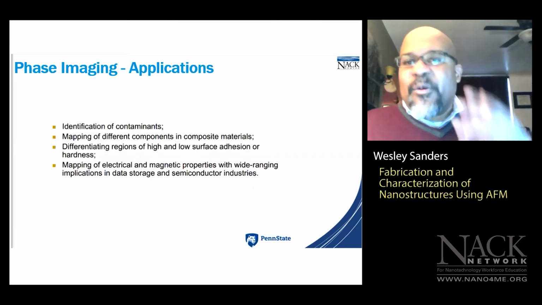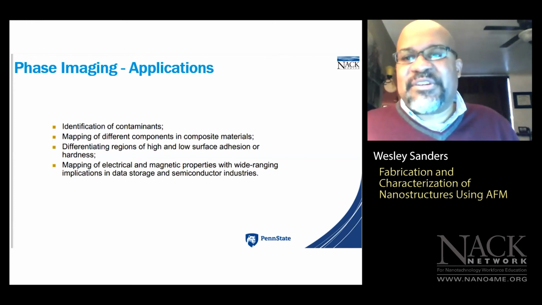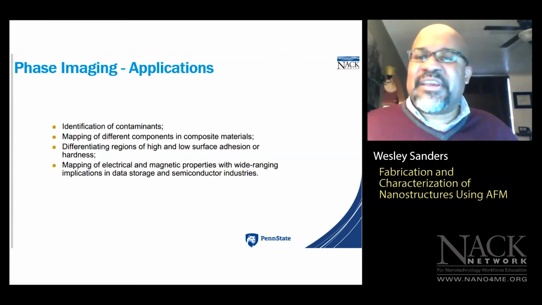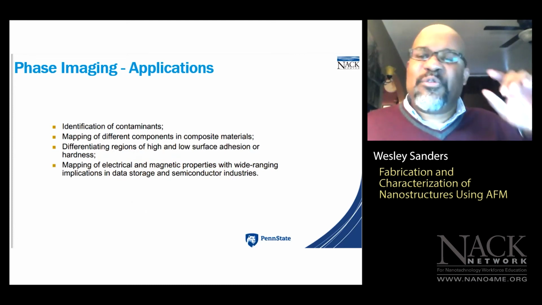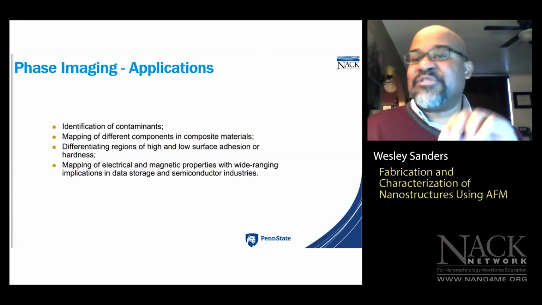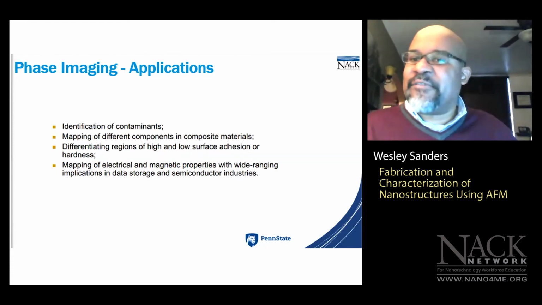So in any event, why did I bother bringing up phase imaging? You can see from the previous image that phase imaging is very sensitive to the detection of polymer structures on hard, flat surfaces.